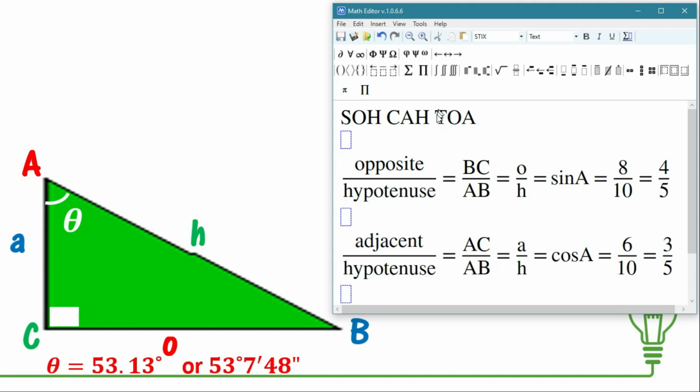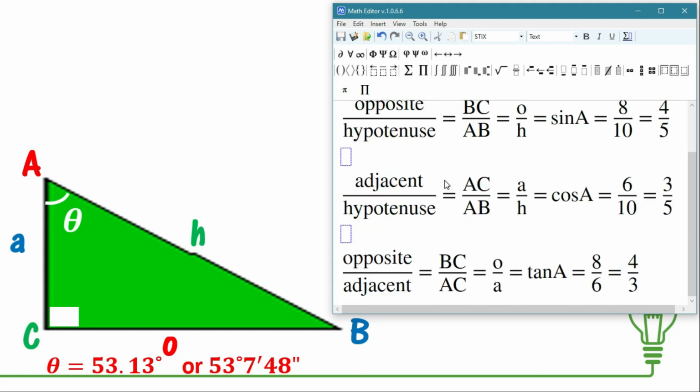T stands for the tangent function, O stands for the opposite side, and A stands for the adjacent side. So, meaning to say, tangent of an acute angle is equal to the opposite side over adjacent, which was explained to you a while ago.